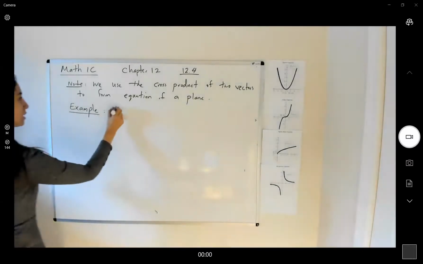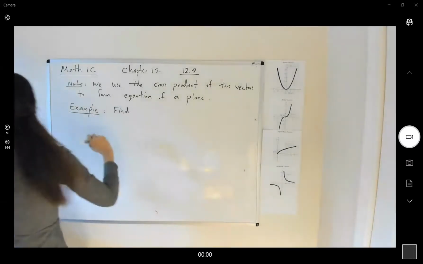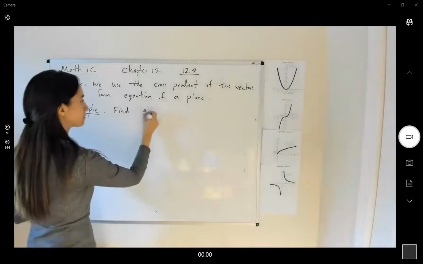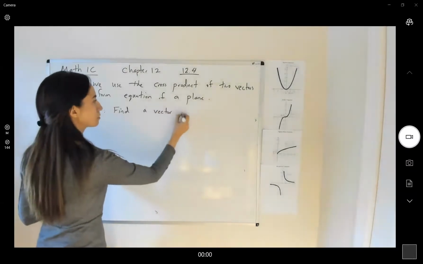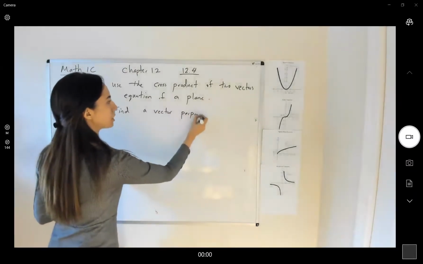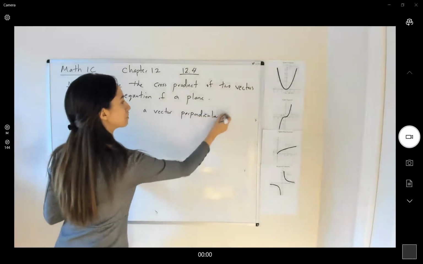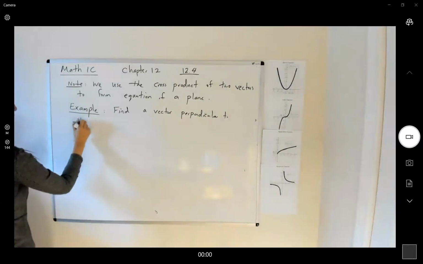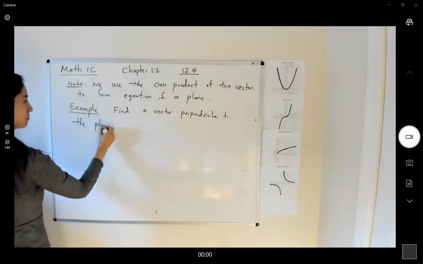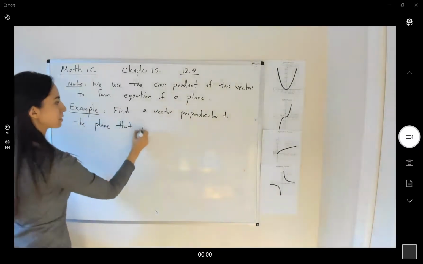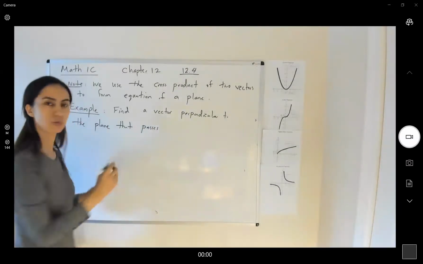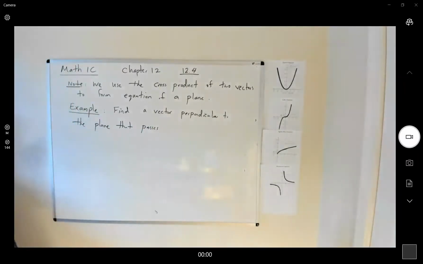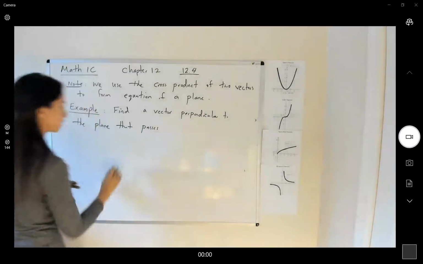It says find a vector perpendicular to the plane that passes through two vectors. Actually, it gives you points, so we can form the vectors.